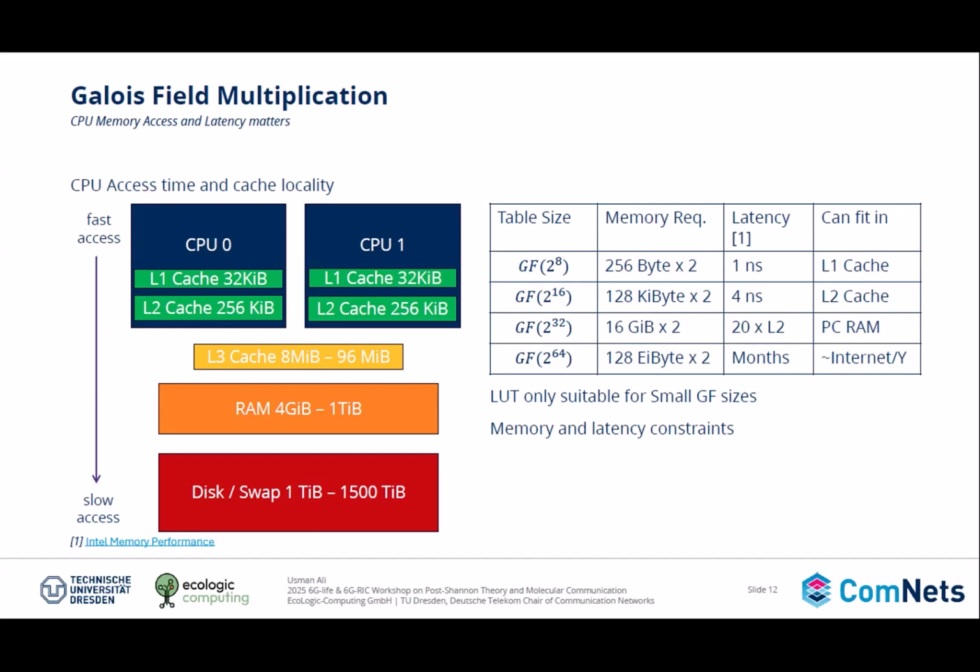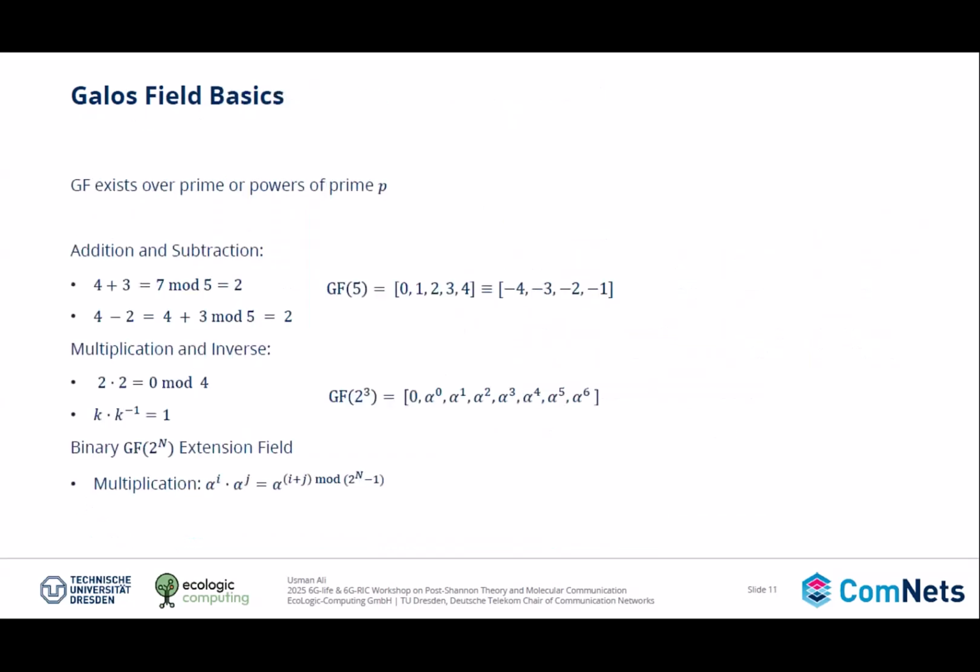And most general purpose processors have a certain amount of space in their cache, which is quite small. The goal when you do multiplication with a lookup table based approach is to ensure that you can fit the table where you look up the powers of the polynomial, for example 2 to the power 3. You want to map the multiplication and the inverse of that multiplication back into that same table.